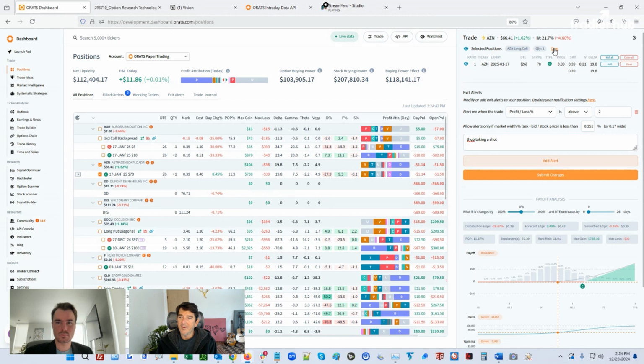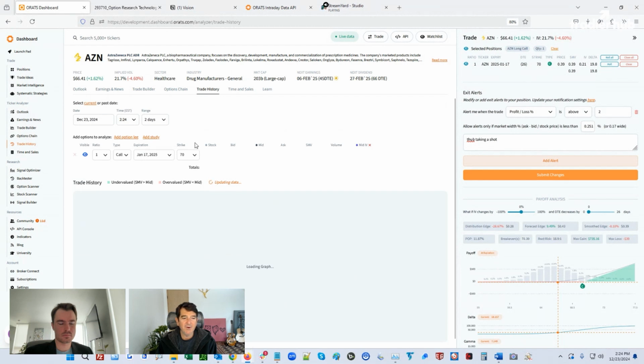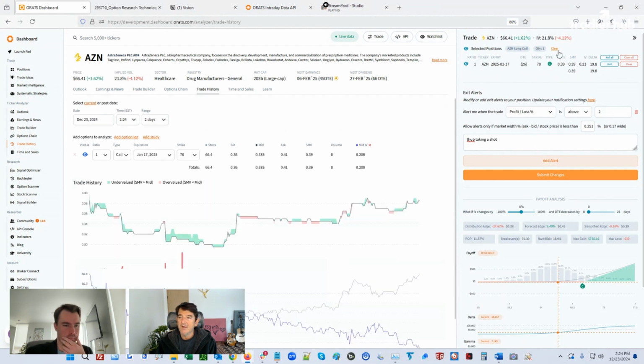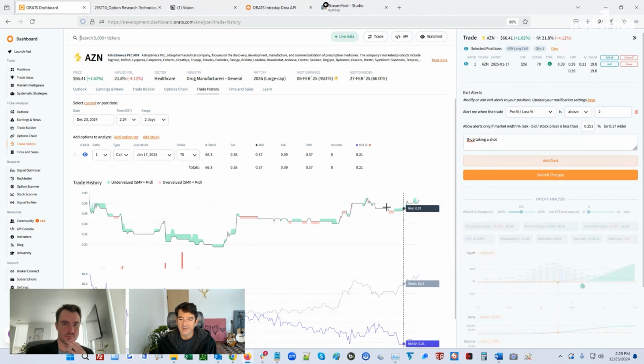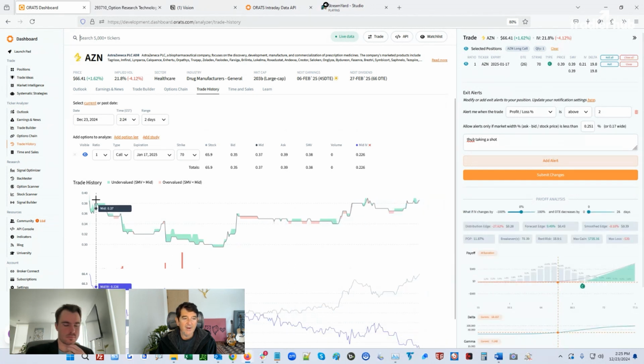Another thing that we will be able to do on this is look at the trade history. As this trade progresses, you could either have it in the trade analysis tab here and see where it's been, or you could go from your positions and watch the trade, how it progresses. So this is a really neat tool.